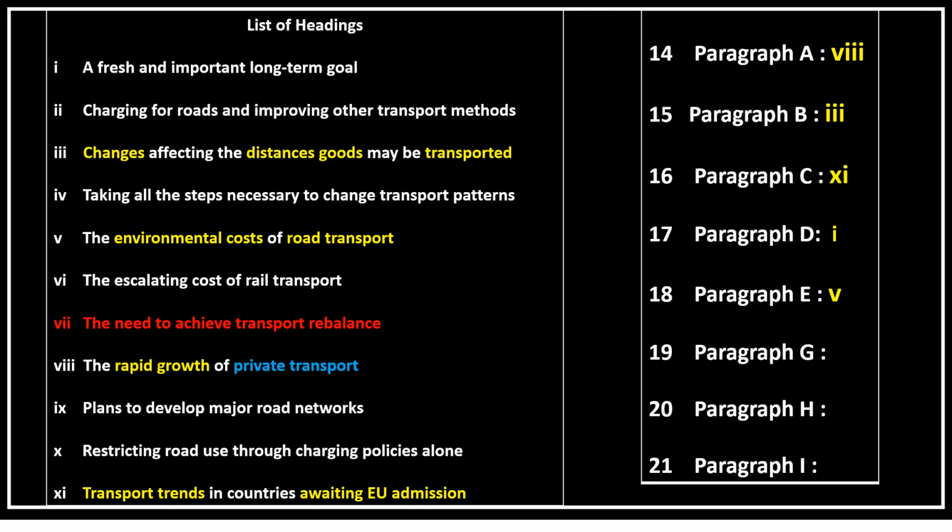The fifth option talks about the environmental costs. So CO2, greenhouse gases, all these are related to our environment. And road transport is the main culprit. This is what the passage says. Hence, for para E, the answer is option 5.